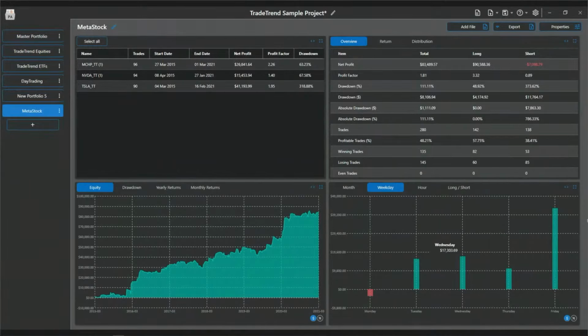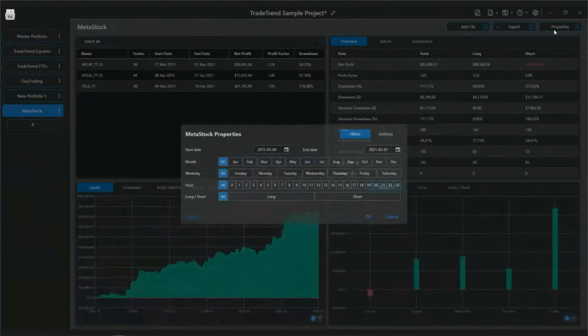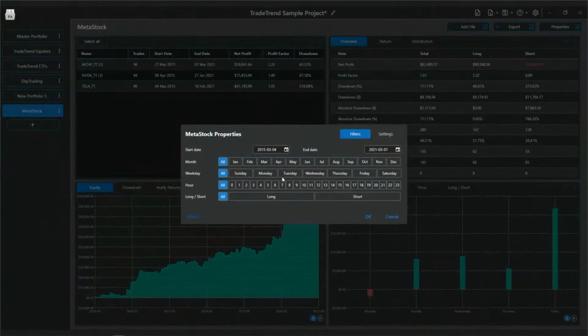Okay, just one more thing to show. You can now simulate within the Portfolio Architect, what if I would have skipped trading on Monday altogether? It's actually very easy. You do not have to rerun your test from MetaStock. All you need to do is go to Properties up here, and you apply a filter. In this case, the filter would be to only trade on Tuesday, Wednesday, Thursday, or Friday.